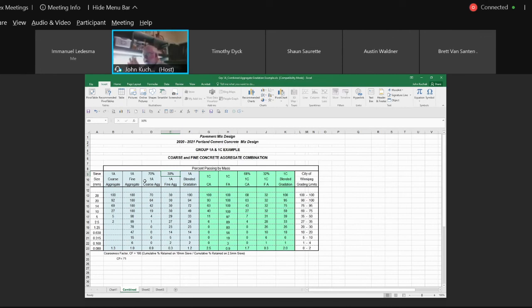So, instead of having a letter report with it, I want you guys to figure out your blend combination, and you can do footnotes on the bottom of your spreadsheet. Mention the fact that if your aggregate doesn't meet spec, it doesn't meet spec, okay?